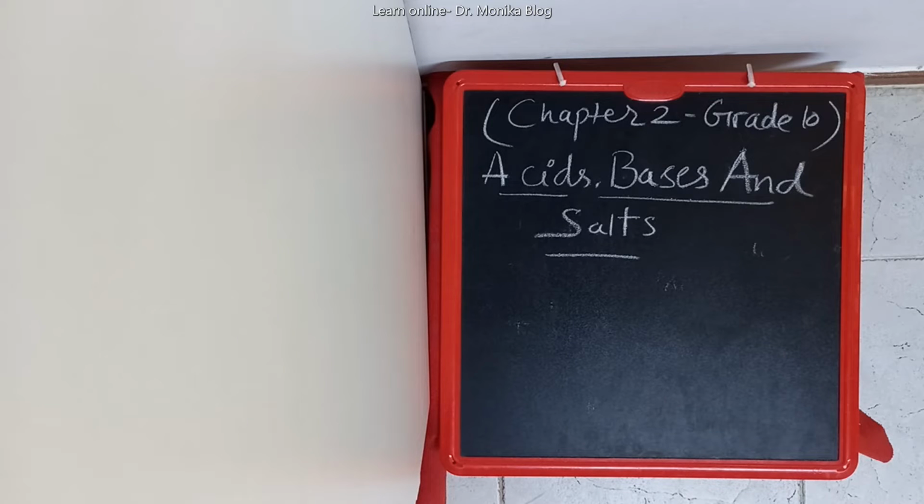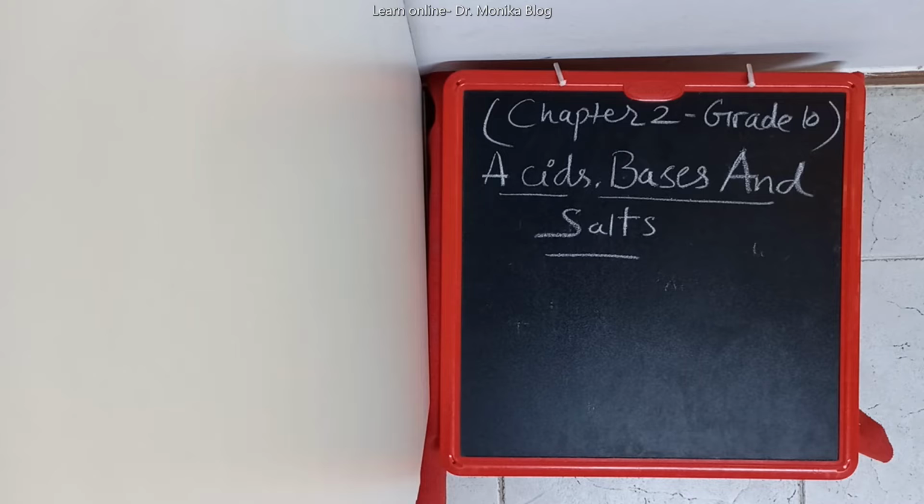Now what you have to do is take a drop of every solution into a watch glass one by one. After that, you have to put a drop of the different indicators.